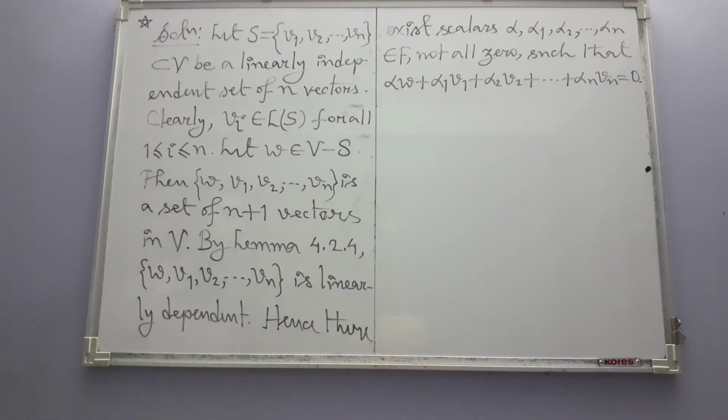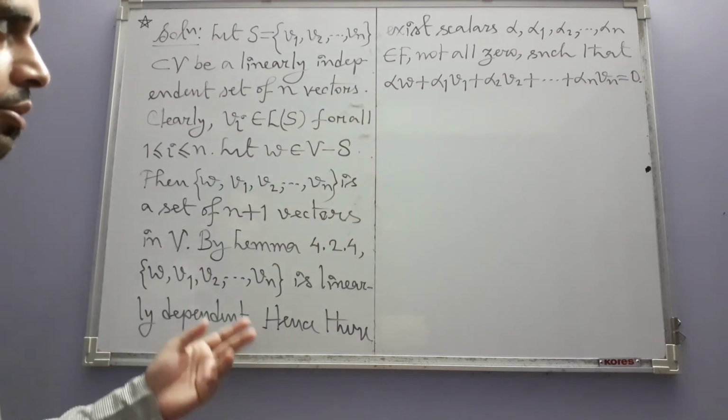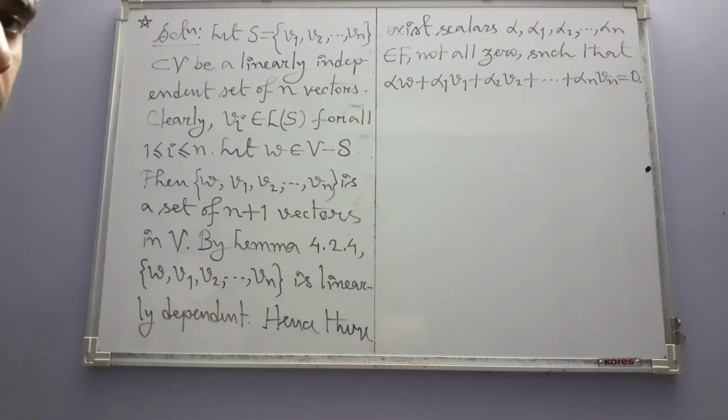All the alpha i's cannot be 0. Also, all the alphas, including this one, cannot be simultaneously 0. At least one alpha should be non-zero.